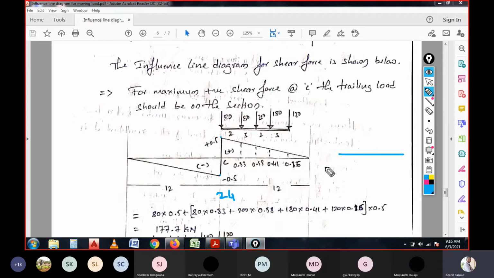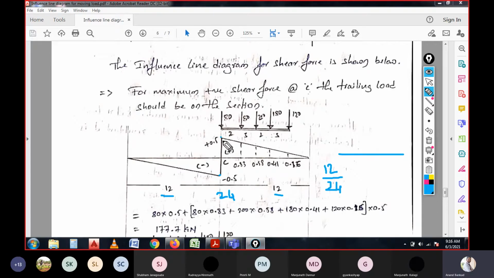That means we need to have 12 meter for the span of 24. So 12 by 24, that will be 0.5. On either side we have a 12 meter span, then 0.5 and 0.5 will be there.